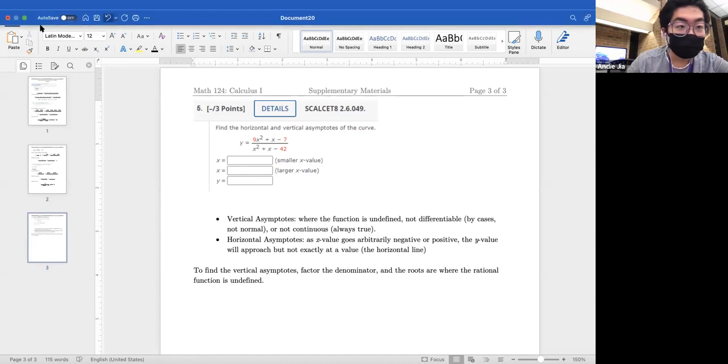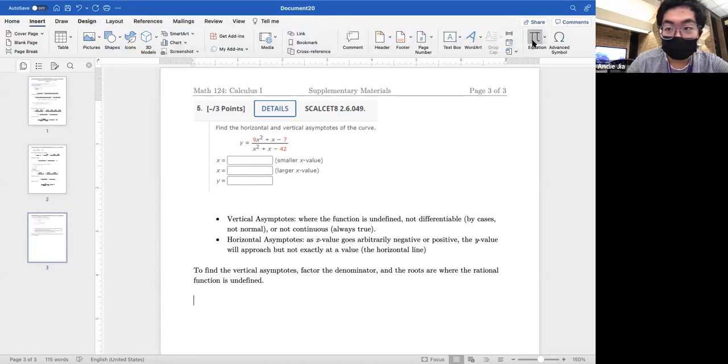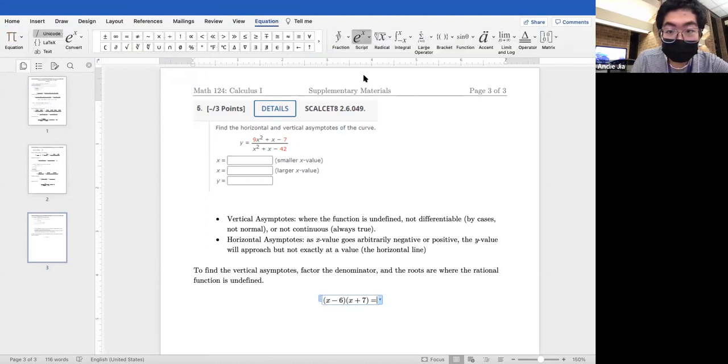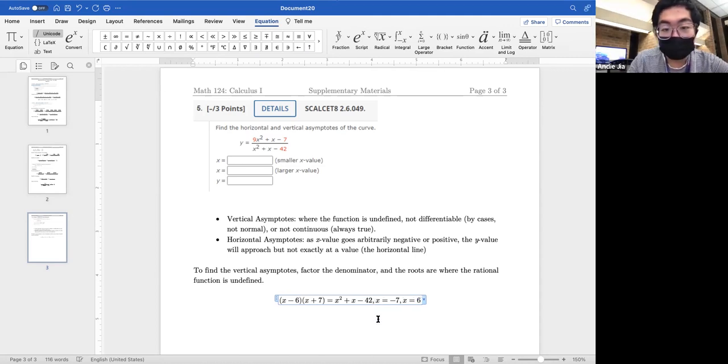In this case, we factor it. This polynomial is x minus 6 times x plus 7, which is equal to x squared plus x minus 42. So x equal to negative 7 and x equal to 6 are your vertical asymptotes.